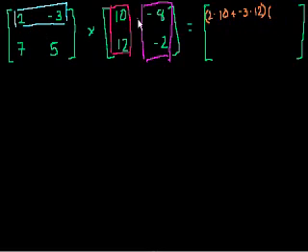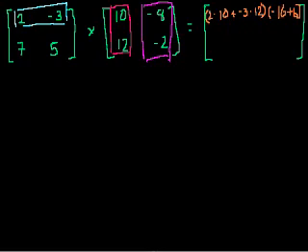Let me just write out the number. 2 times minus 8 is minus 16. Right? Plus minus 3 times minus 2. What's minus 3 times minus 2? That is plus 6. Right? So that's in row 1, column 2. It's minus 16 plus 6.